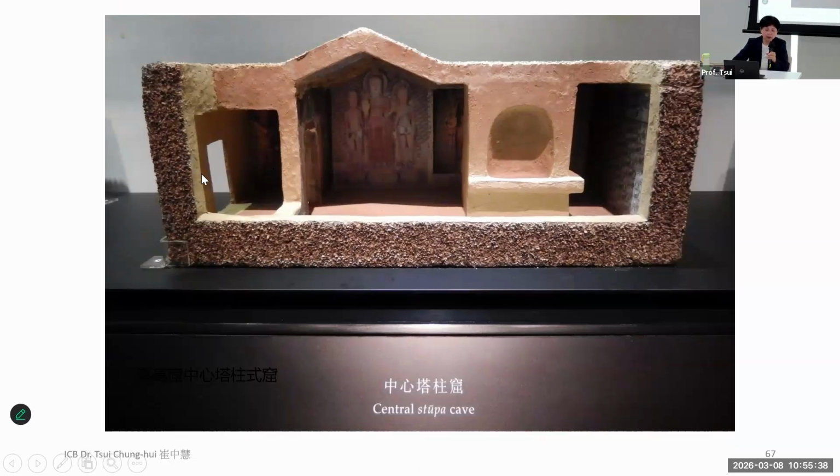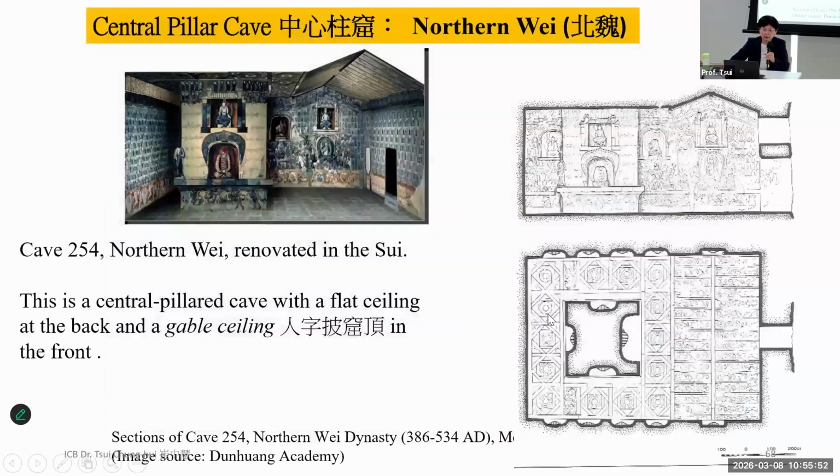So we enter into the cave, we will also have a frontal chamber, and then enter into the main chamber with a central stupa pillar. So this is a type of the major architecture.